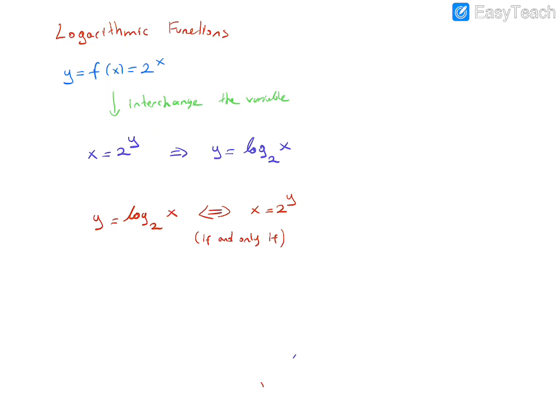We can graph y equals logarithm base 2 of x by graphing x equals 2 to the power y, since they are equivalent. Any ordered pair on the graph of the exponential function will be on the graph of the logarithmic function if we interchange the order of the components. Let's talk about an example.